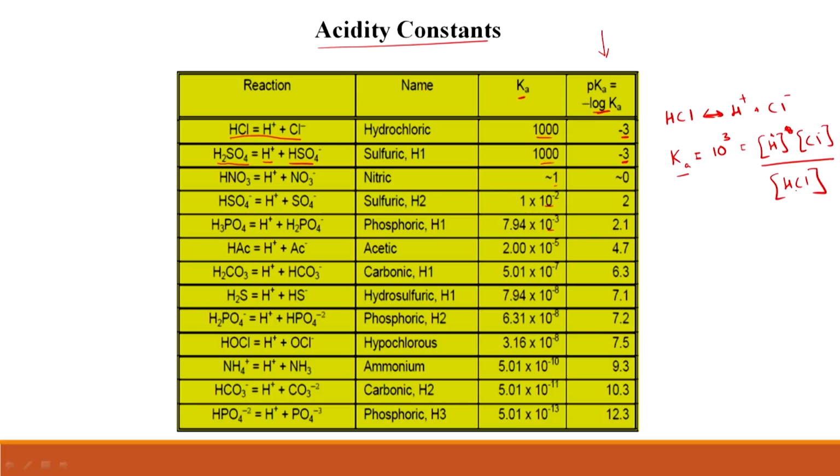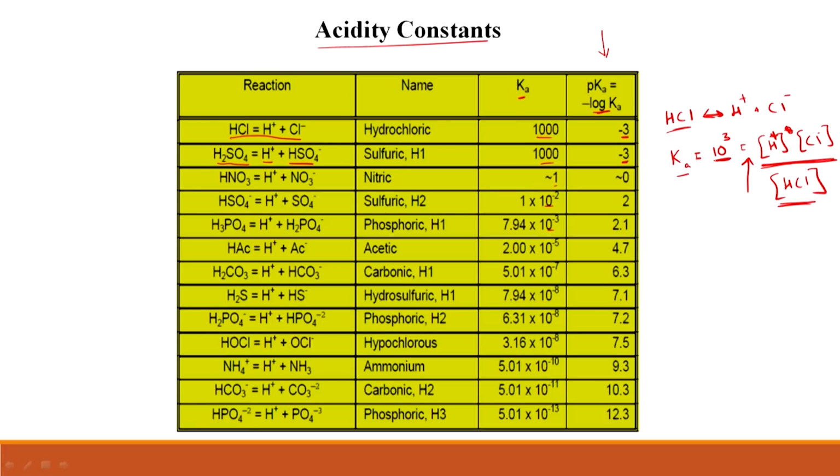So the products are going to be at a remarkably high concentration compared to the reactant, which is HCl, meaning that HCl will almost always release the proton H plus, or deprotonate.